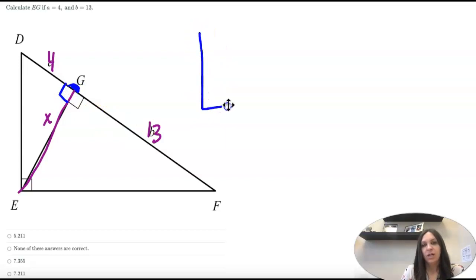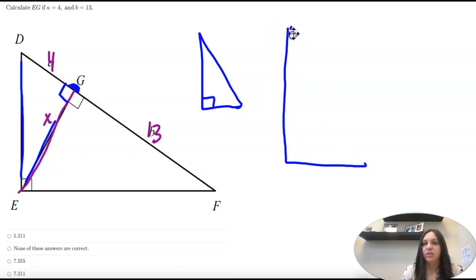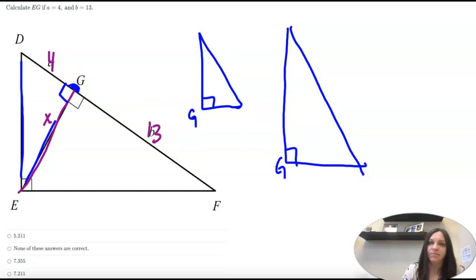So I have the short triangle, or the small triangle over here on the left. And then I have this big triangle over here, where the right angle is G. Okay, so my little triangle, this is actually my long leg that goes up to E, and that is X. But then on my bigger triangle, this is the shorter leg that goes out to E, and that's X. And then our other sides that make up the right angle, so here to here to the right angle, is 4.